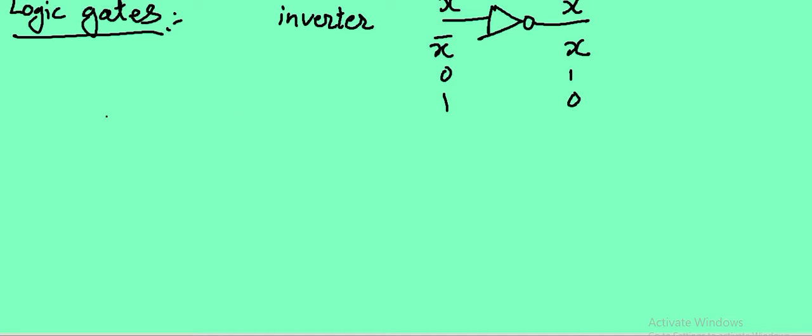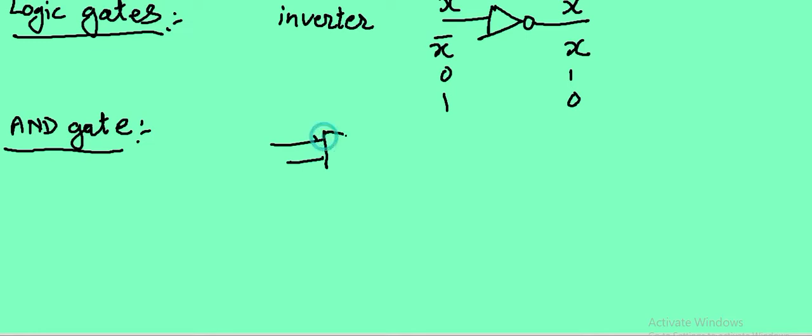Then we have this AND gate. AND gate takes two inputs. This is the symbol for the AND gate. It takes two inputs x and y, and evaluates as f. The output of this AND gate is x dot y. So now you understand the dot represents the AND gate.